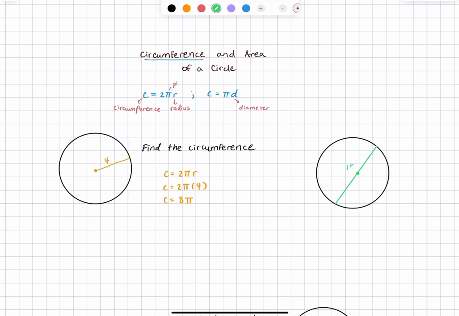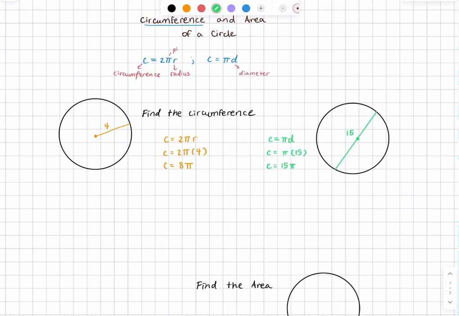Then I can use my C equals pi times d formula. So in this case, circumference equals pi times 15. Therefore, C equals 15 pi. And that's all there is to it.